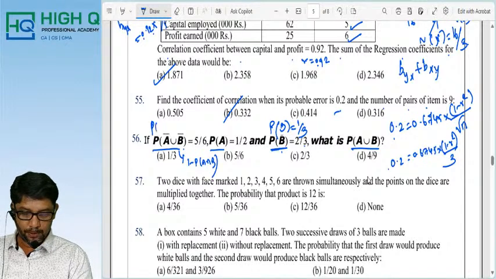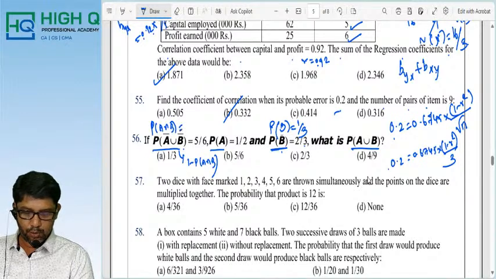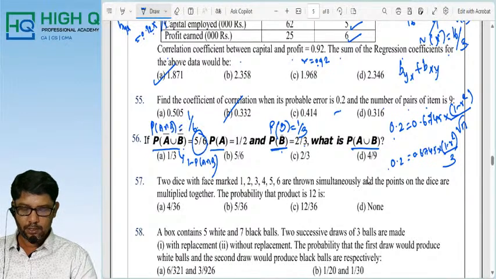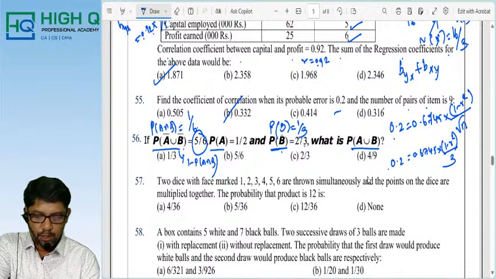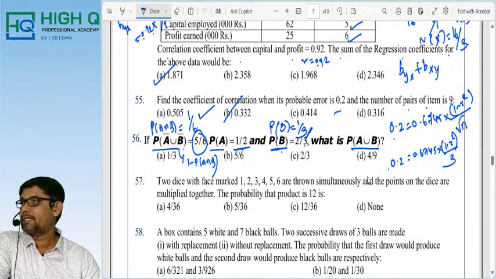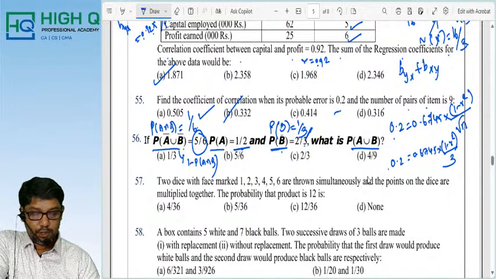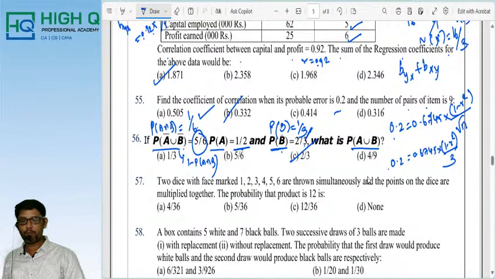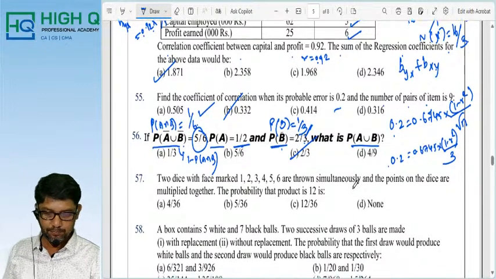So therefore, P of A intersection B equals 1 minus 5 by 6, 1 by 6. Now substitute 1 by 2 plus 1 by 3 minus 1 by 6. 4 by 6, 2 by 3. I think you can do this question on your own.